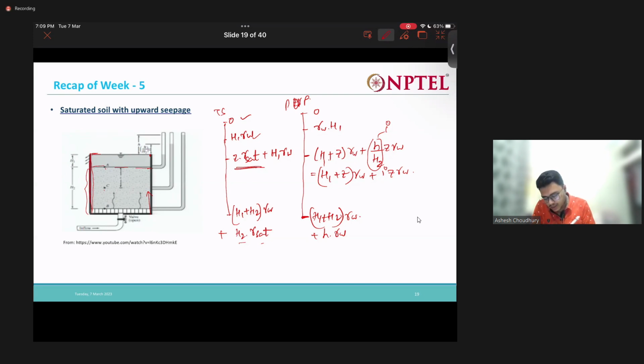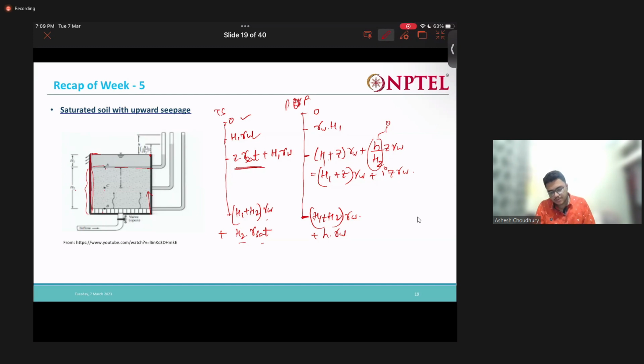It will be Z into gamma saturated plus H1 into gamma W. Now at the bottom it will be H1 plus H2 into gamma W plus H2 into gamma sat. This one is also clear.